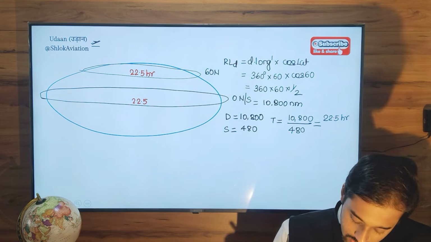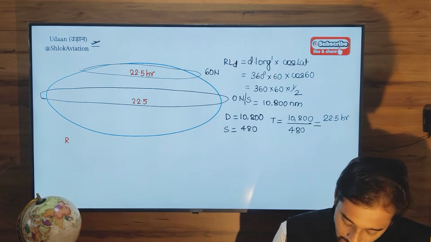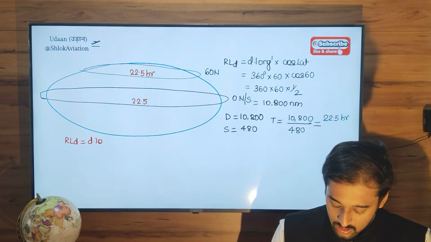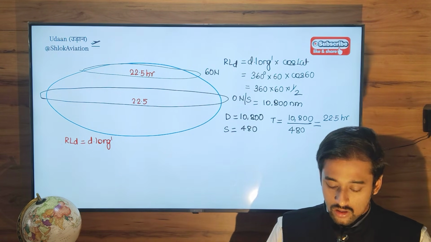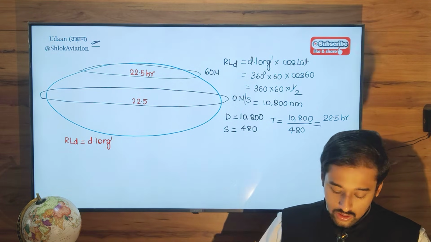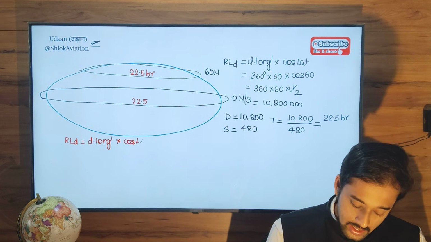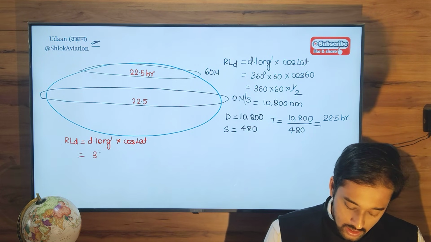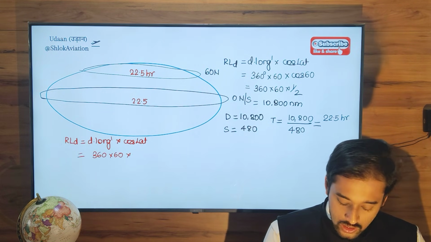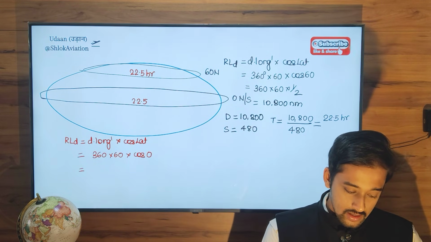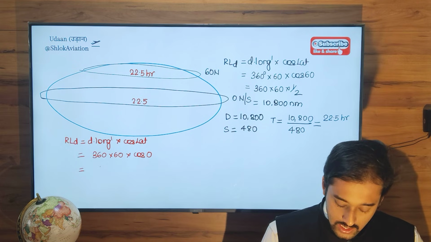So the distance at the equator is D long into cos latitude. 360 into 60 into cos of 0. So 360 into 60 is how much? 21,600.